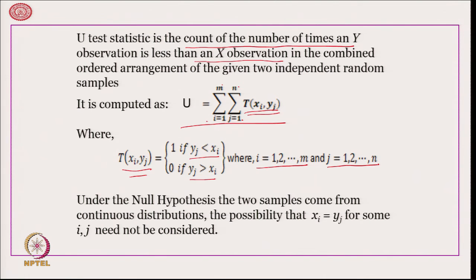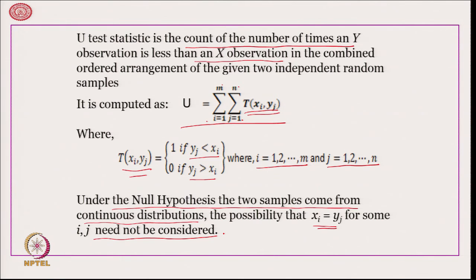Now, you may question what happens if y_j is equal to x_i. Typically we discard such things, because under the null hypothesis the two samples come from continuous distributions. Therefore, the possibility that x_i is equal to y_j for some i, j need not be considered. But in reality we may get some such data.